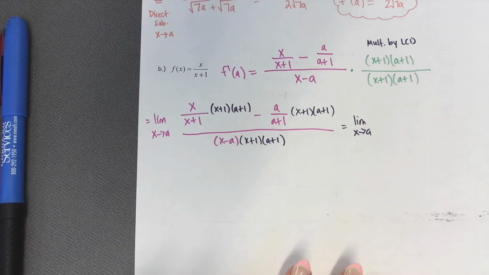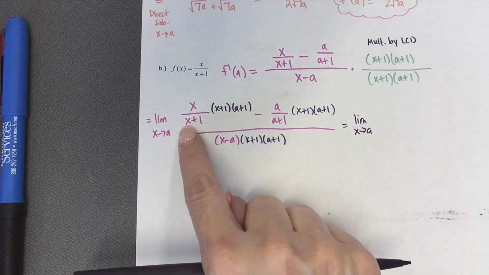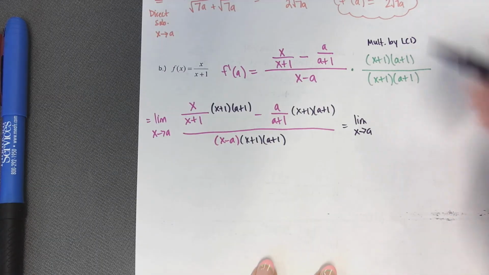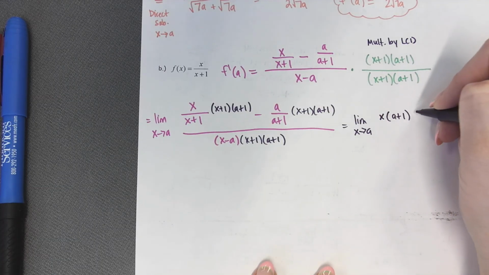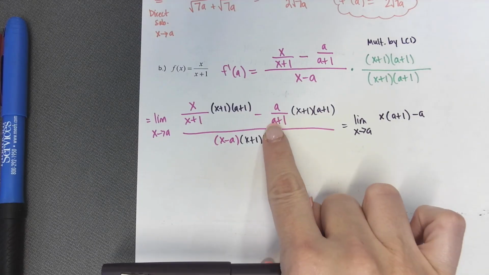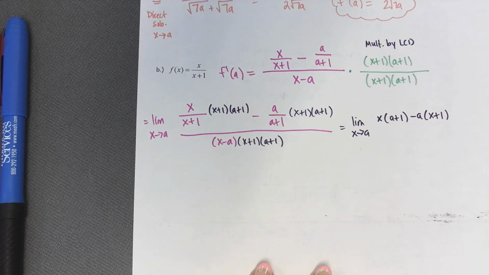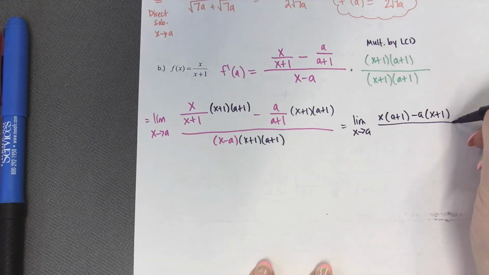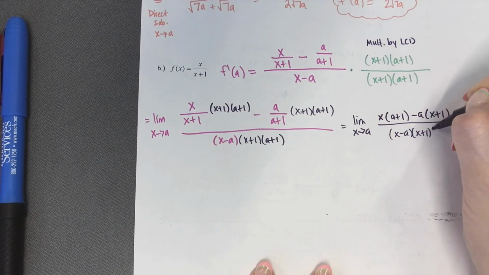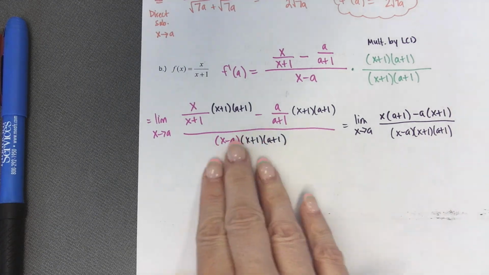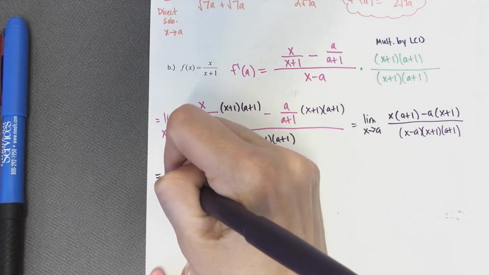I'm going to write it out step by step, but you could also skip this step and go to the next one. If these cancel, you're left with x times a plus 1, and then it's a minus a. Those cancel. You're going to be multiplying by x plus 1. If you write out this step though, and you want to skip right to the next one, that's fine.